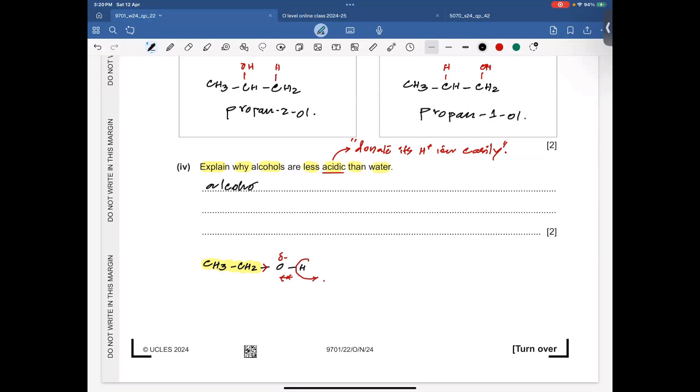So alcohols have positive inductive effect of electron donating alkyl group.